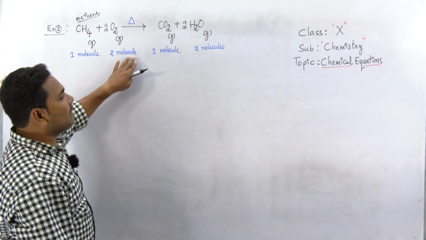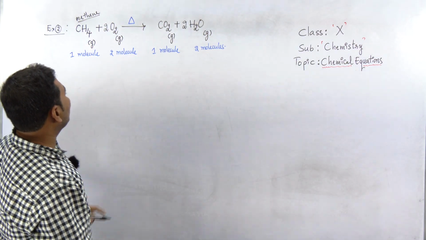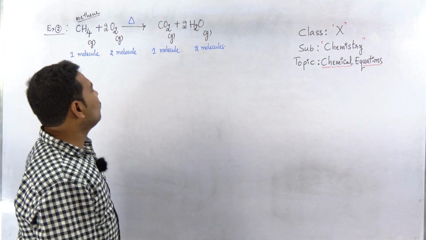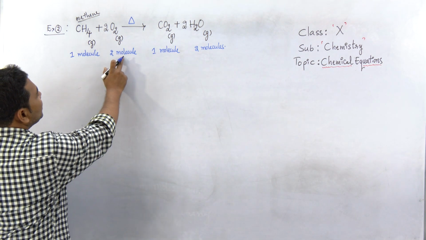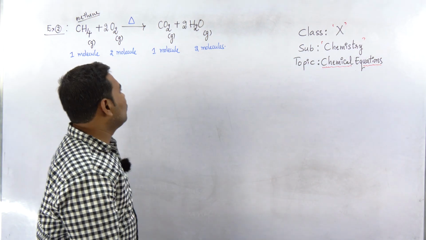This is the primary information we understand from this balanced chemical equation. Methane reacts with oxygen to produce carbon dioxide and water vapor: 1 molecule of methane, 2 molecules of oxygen, 1 molecule of carbon dioxide, 2 molecules of water.